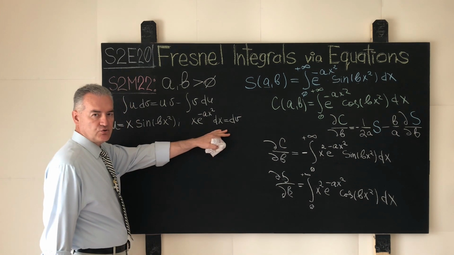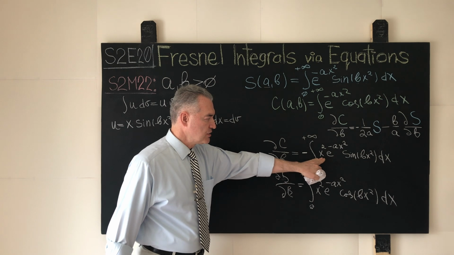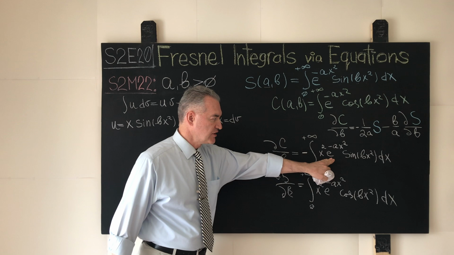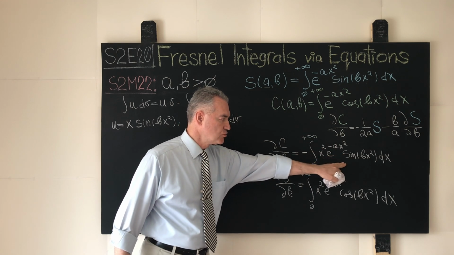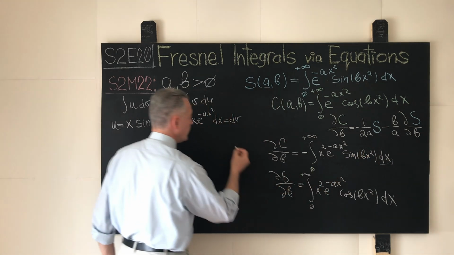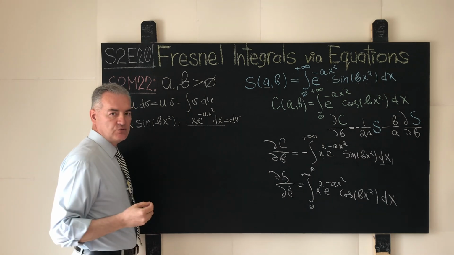That maneuver is understood by everyone in the audience. Very nice. We took the remaining single copy of x that is glued to the exponent. The sine is taken by u, and this became, with the first differential dv, this material over here. But now, hopefully, you see what is going on.